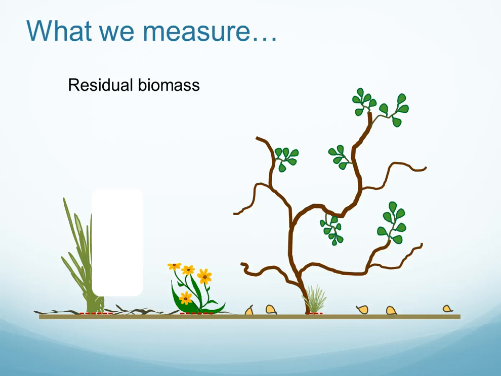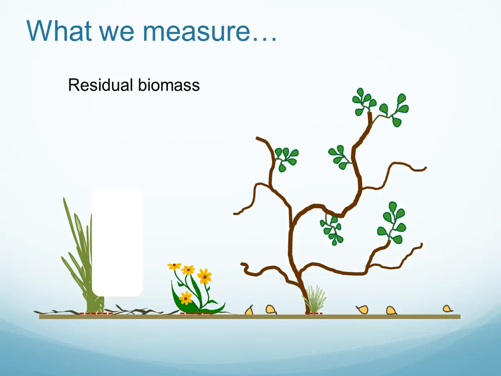And residual biomass is important because it provides information about the amount of plant material that is available to continue growth in the next year. It also provides information about site protection, the soil conservation, and protection from erosion.